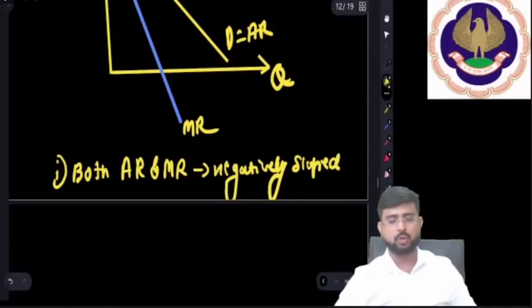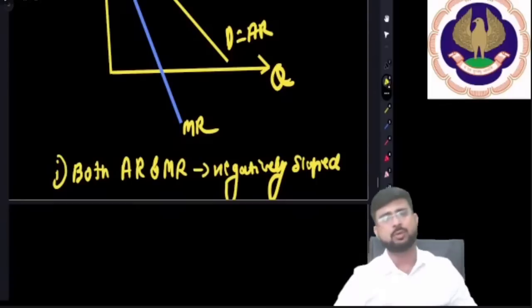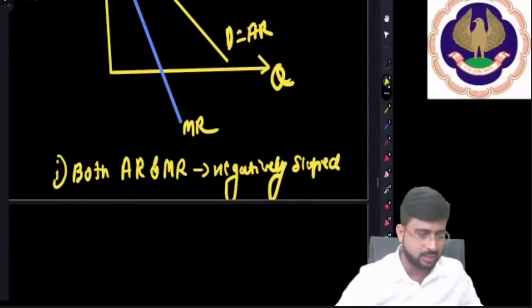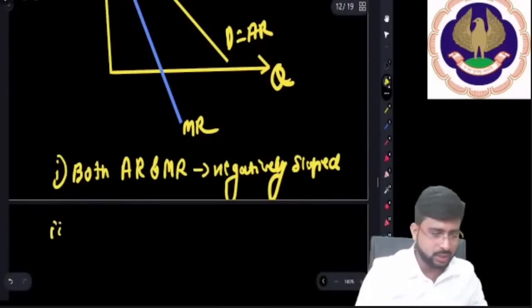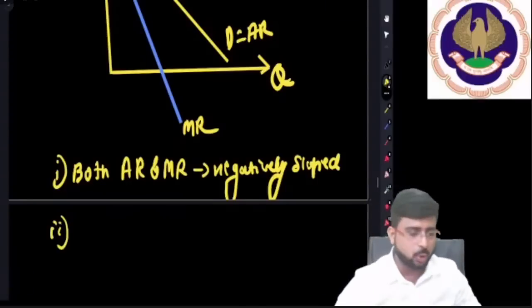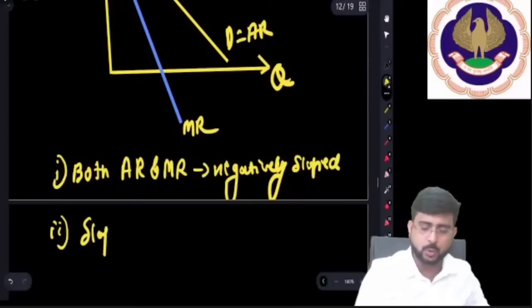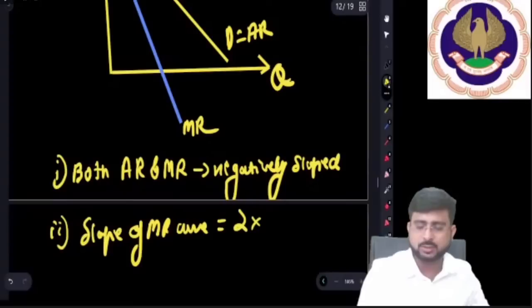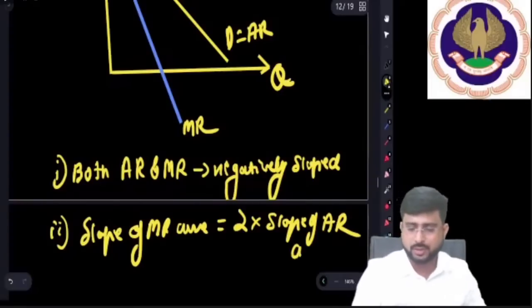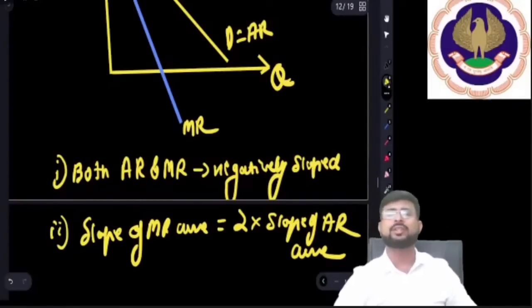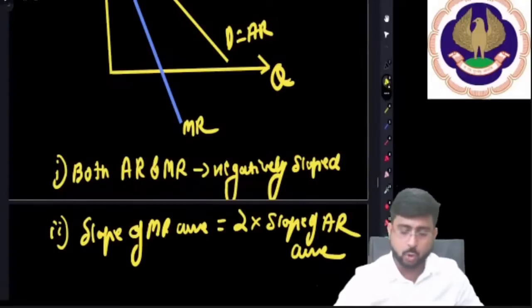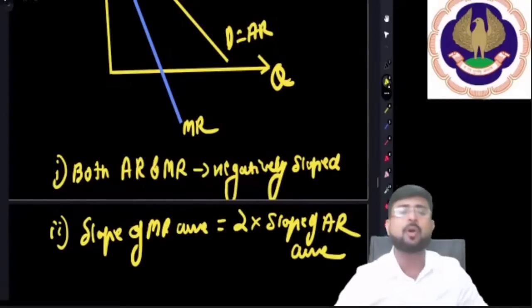But here arises the next point: the slope of the MR curve is twice the slope of the AR curve. The slope of MR curve is twice the slope of AR curve.